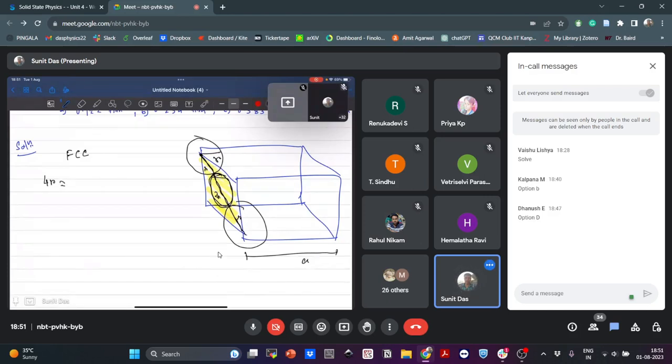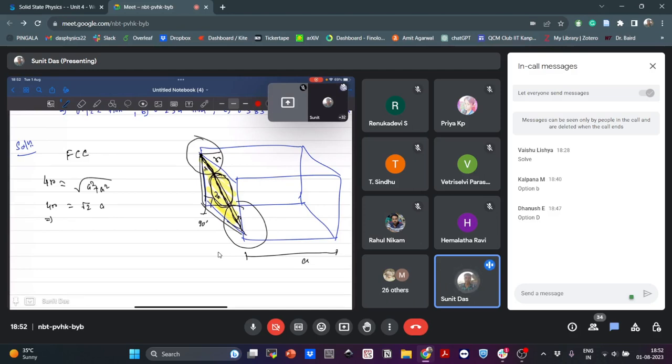And what is the value of this diagonal in terms of a? This is a, this is a, and this is a right-angled triangle, 90 degrees. So this will be a square plus a square, so root 2 a. 4r equals root 2 a.